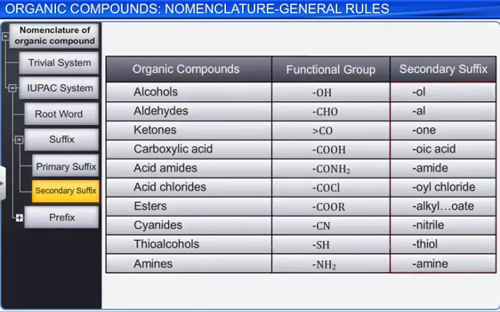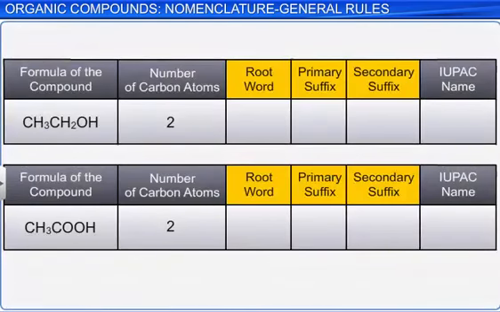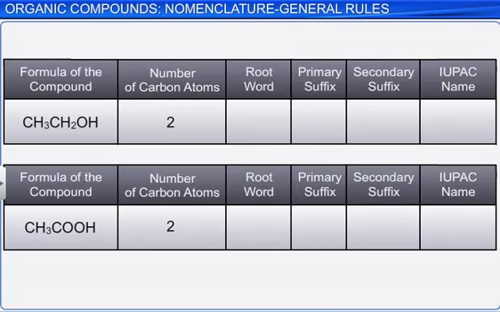A secondary suffix indicates the nature of the functional group present in a compound. Thus, the three components can be combined to form part of the compound name. For example, the root word eth, primary suffix ane, and secondary suffix ol together form the IUPAC name ethanol.